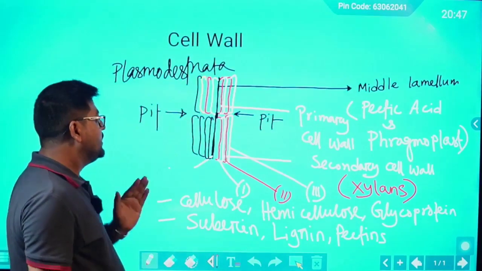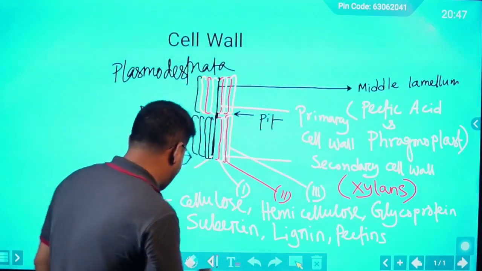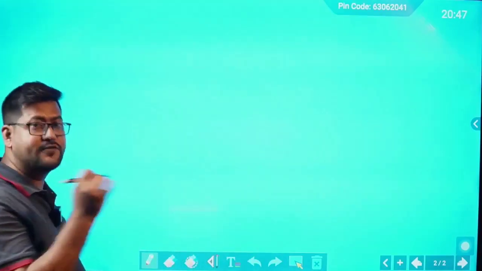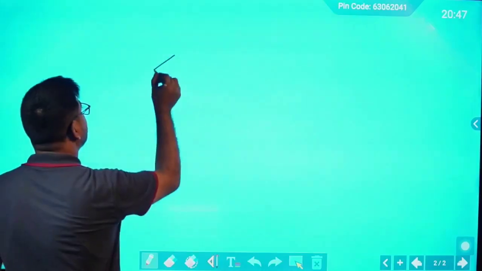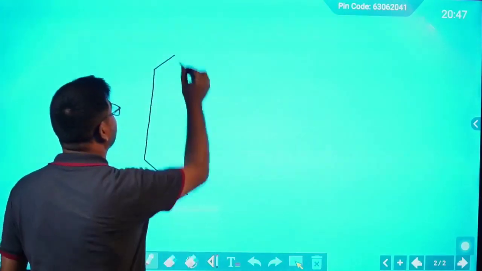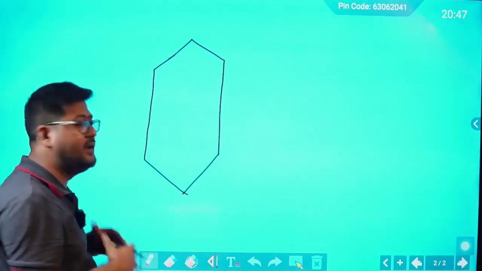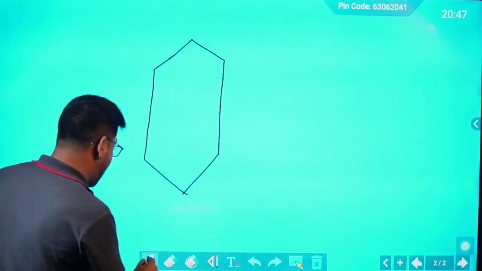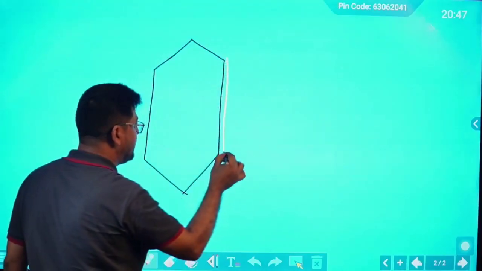So from here I can tell you another important thing, that is how the structure of the cell wall is present in the cell. Suppose here you are observing a plant cell, and it is only the cell membrane. Around the cell membrane there is some additional rigid structure.